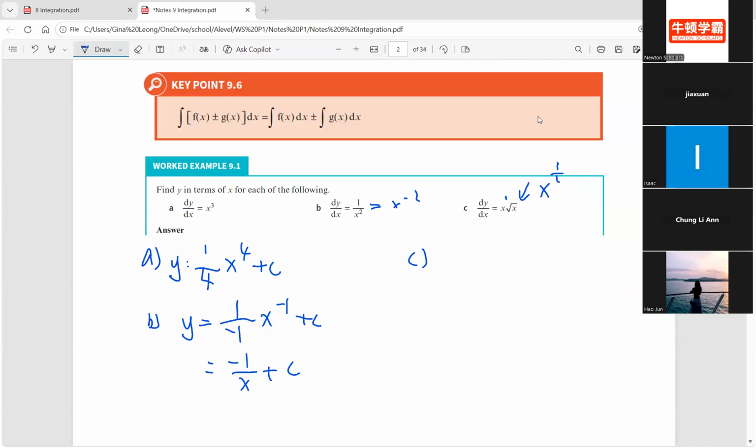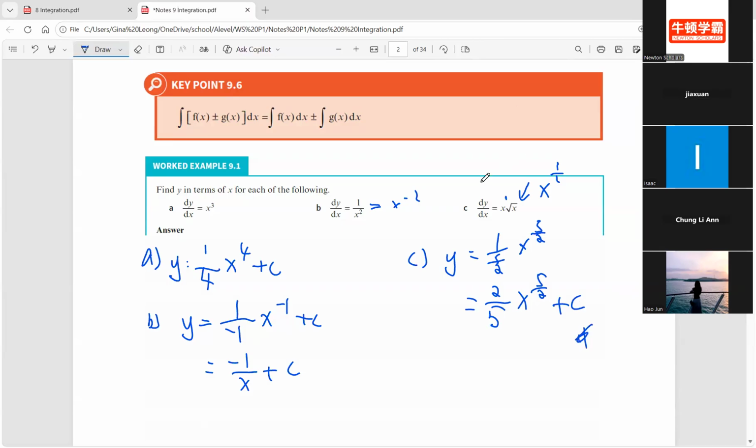When you do the integration, that means 3 over 2 plus 1, which is actually 5 over 2. Then this one 5 over 2 upside down becomes 2 over 5, then x to the 5 over 2 plus c. This is the final answer.